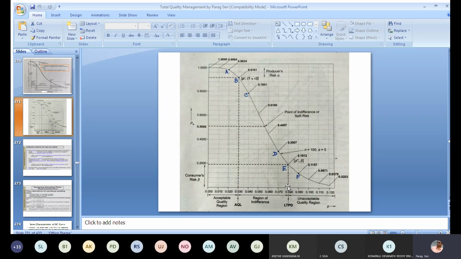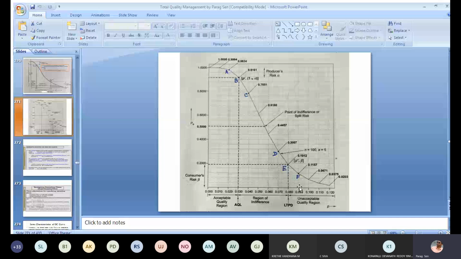This Y value is calculated from the producer's risk for that particular AQL value, and the Y value here is also determined by the LTPD value.